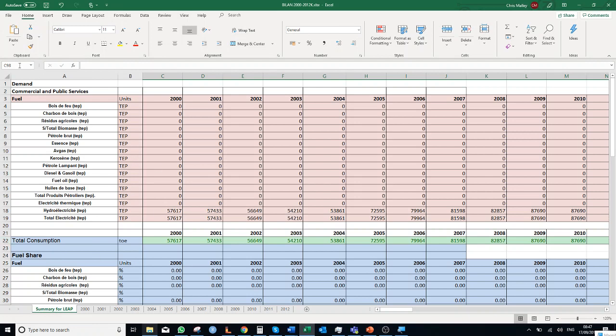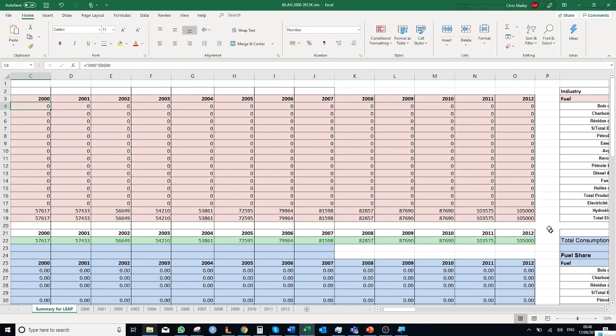So if we take as an example the commercial and public services sector, what I have done here is then imported for each year the value in terms of the total energy consumption in 2000 in commercial and public services for bois de feu or for charbon de bois for each of the types of fuels. Now, a lot of these are zero. In commercial and public services, it's just electricity consumption that is accounted for.